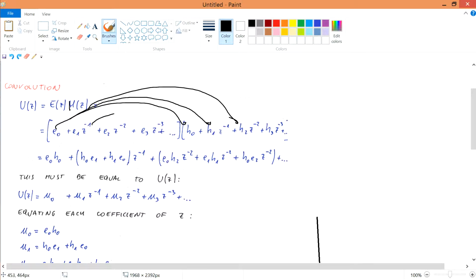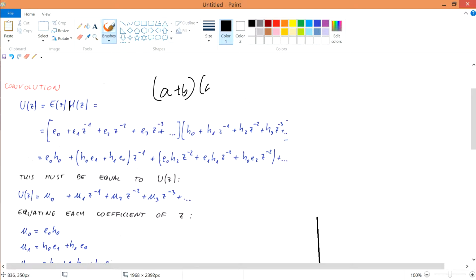You do similar multiplication like A plus B and then C plus D, and then you multiply each other and expand. When you expand, you will have E0 H0 plus all this stuff. You just group them all together, grouping your E and H terms and multiplying them together.